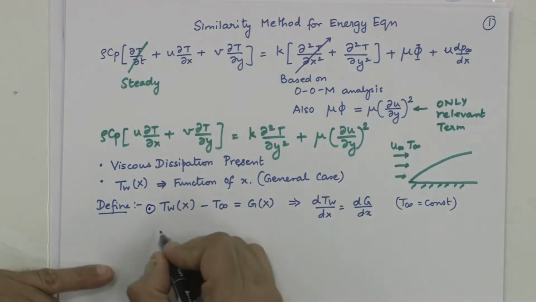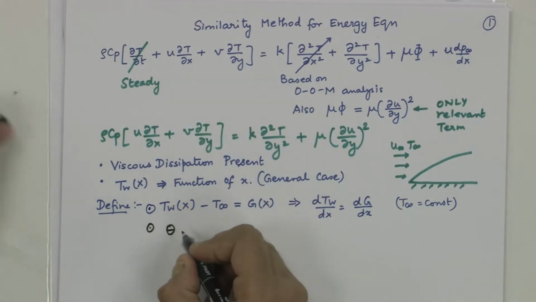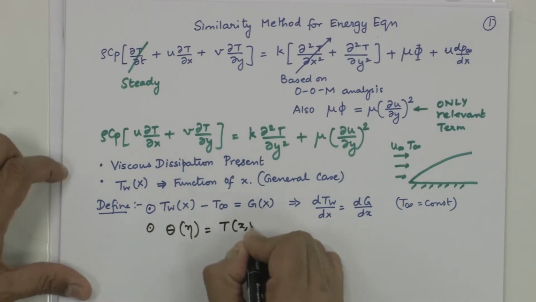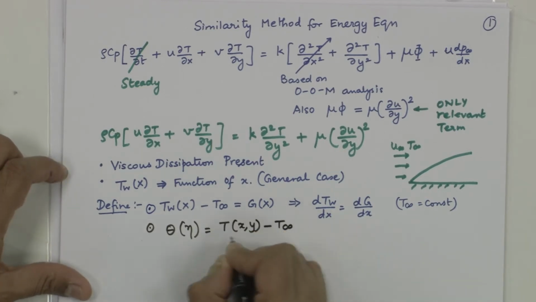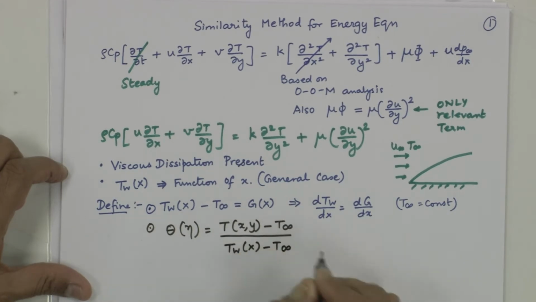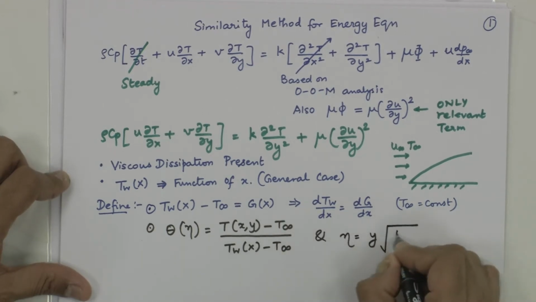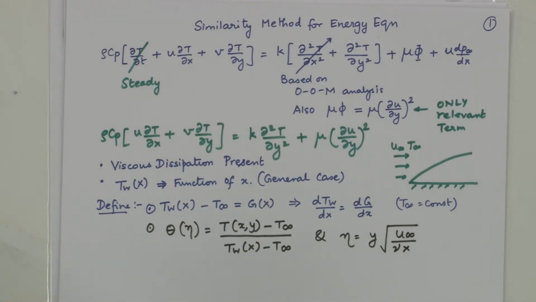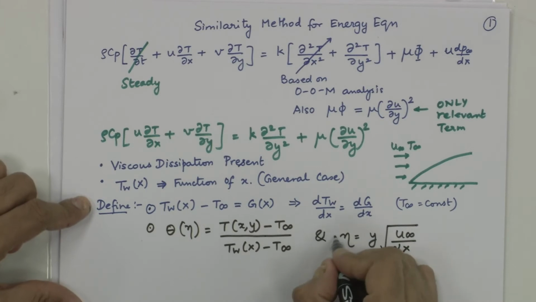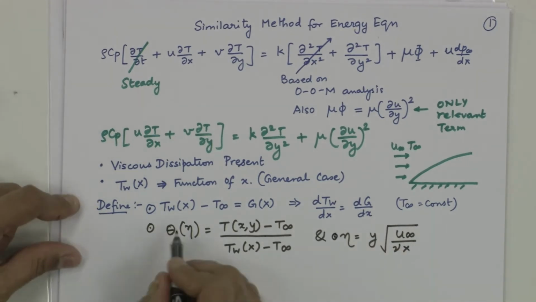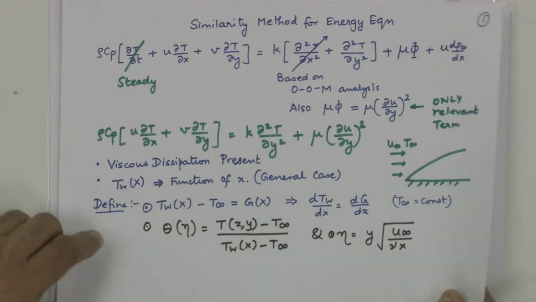Second quantity, let us define theta, which is a non-dimensional temperature, as (T of x comma y minus T infinity) divided by (Tw of x minus T infinity), and of course eta is equal to y times the square root of u infinity by mu x. Okay, so these definitions are going to be important for us. So Tw minus T infinity is g of x.